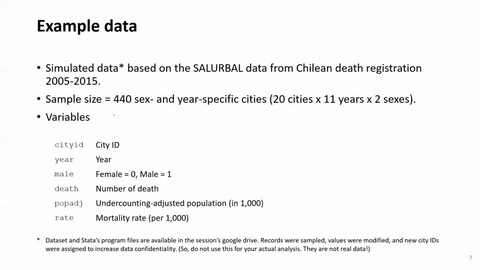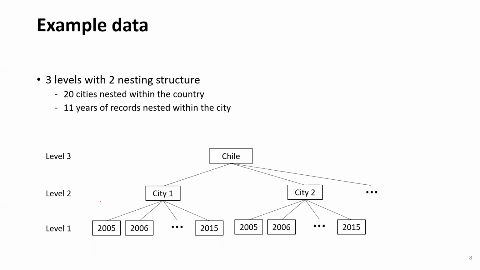So one row contains the number of deaths in a specific city of a specific year in male or female. And these are the variables included in the data set. So in this example, we have 3 levels with 2 nesting structures.